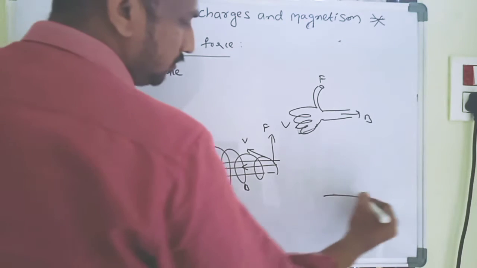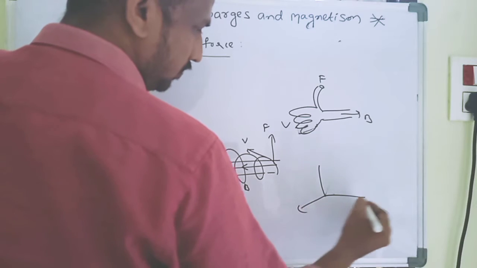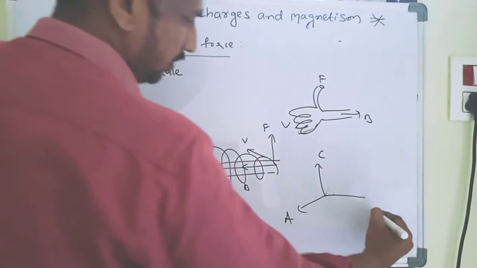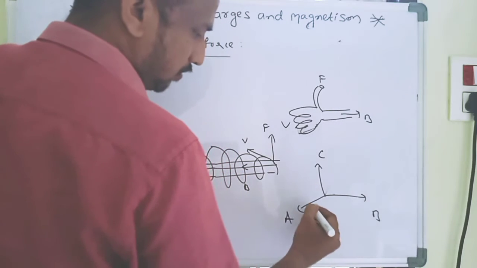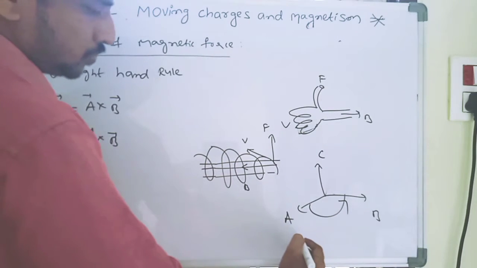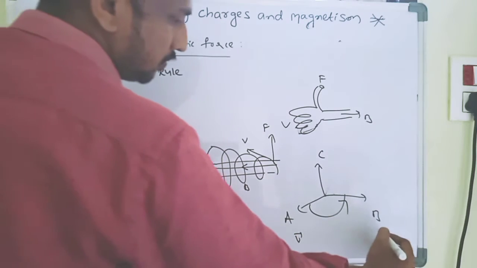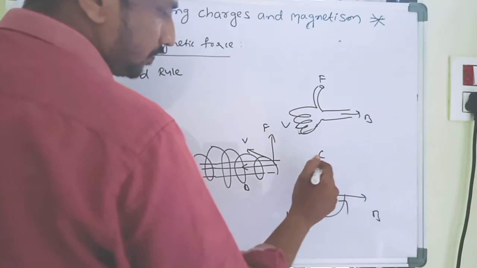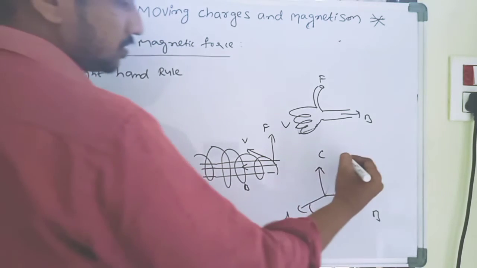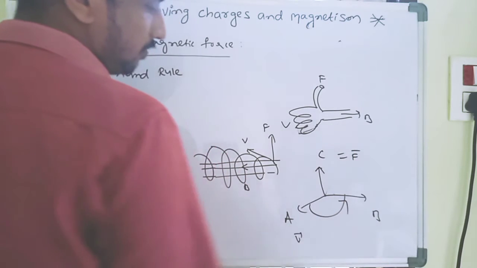For example, this is C, this is the A vector, and this is the B vector. Here the A vector goes to B. Then what about the direction of C? C is nothing but the magnetic force.